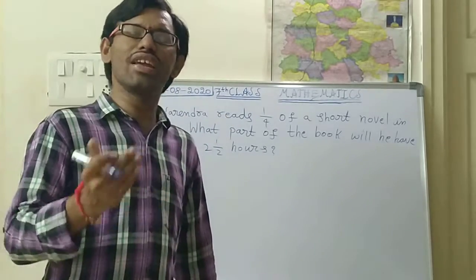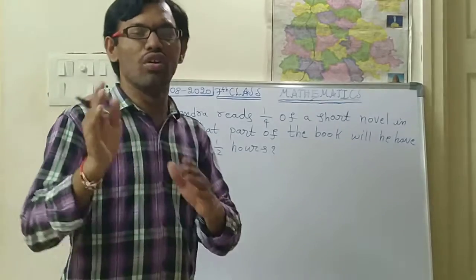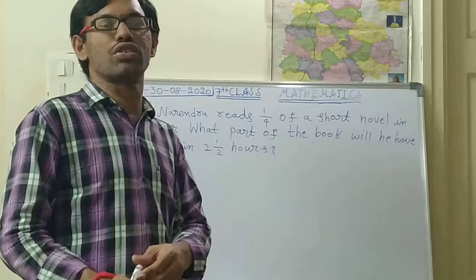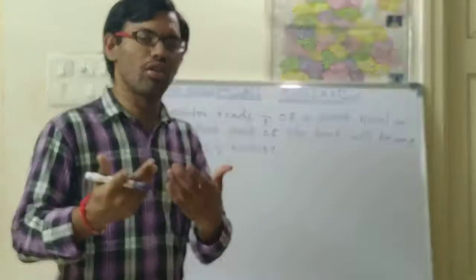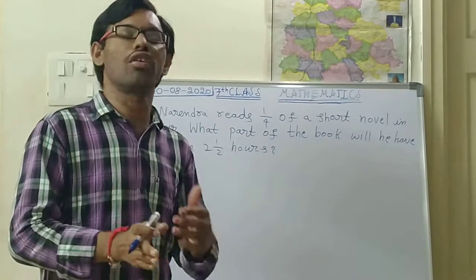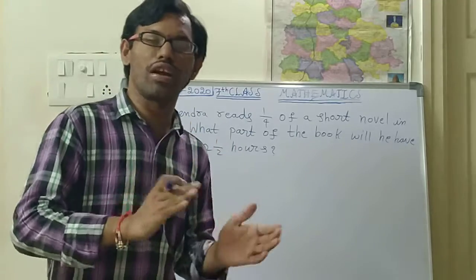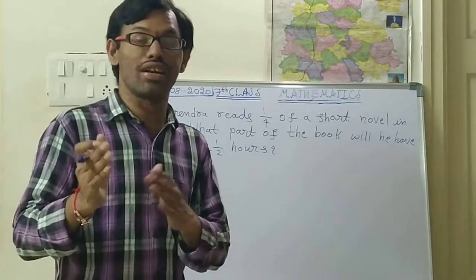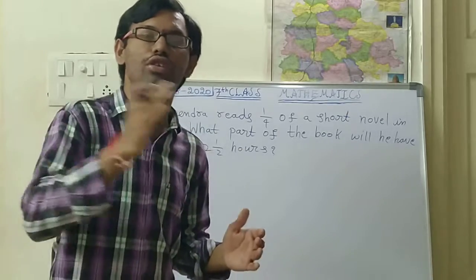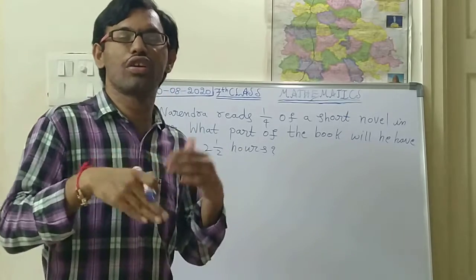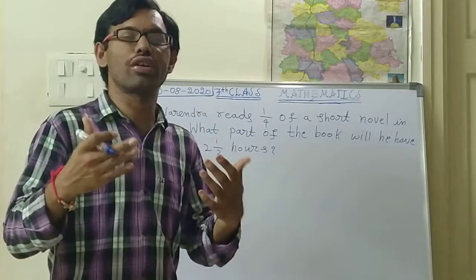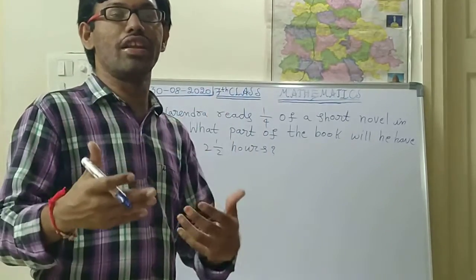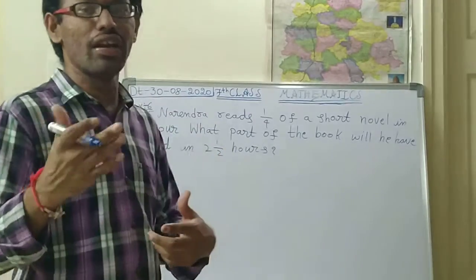These are very interesting problems, children, and very useful. Suppose you are reading a 100 pages book: how much part you have completed and how much is remaining, you can identify, estimate and guess, and see who has completed more of a book.